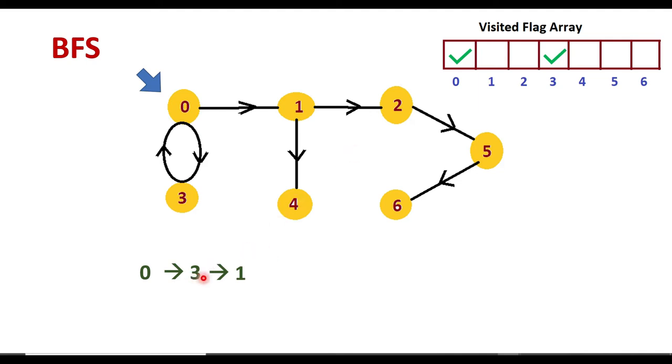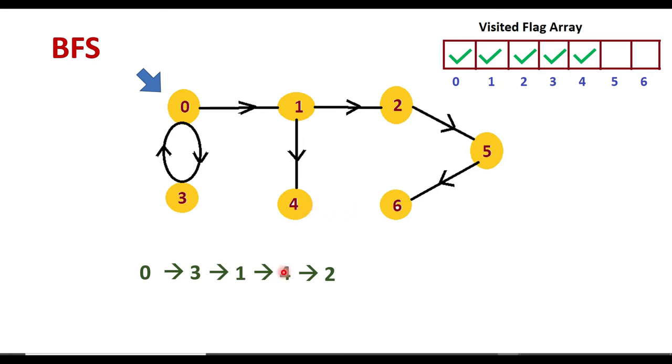Before that, as I already visited 3 and 1, I will mark them also. So 0, 3, 1 I have already visited. Now from 1 I can go to 4 or 2. Then we have to mark 4 and 2 also, that 4 I have visited and 2 I have visited.